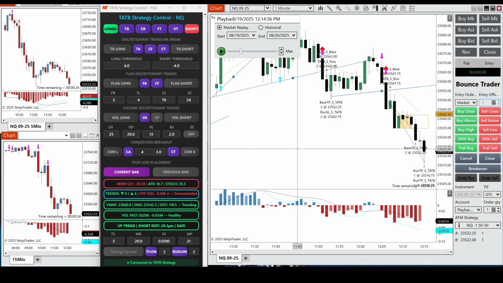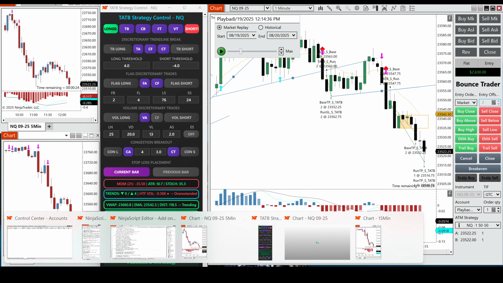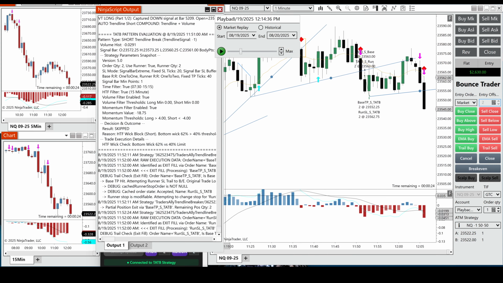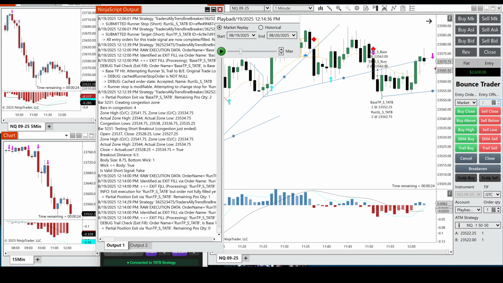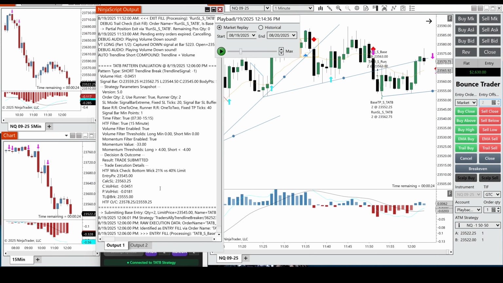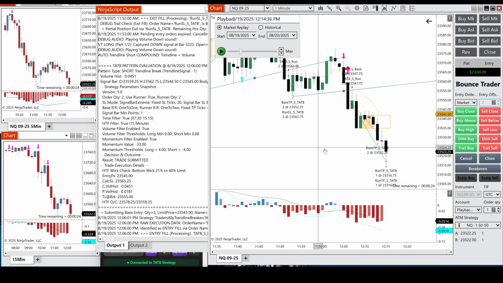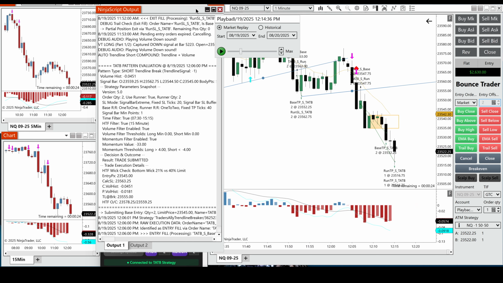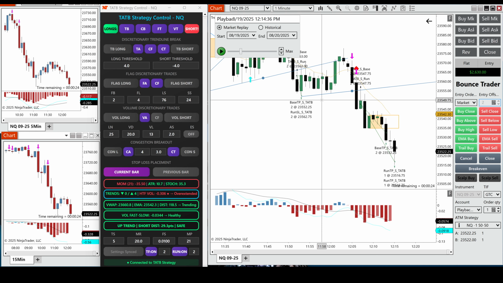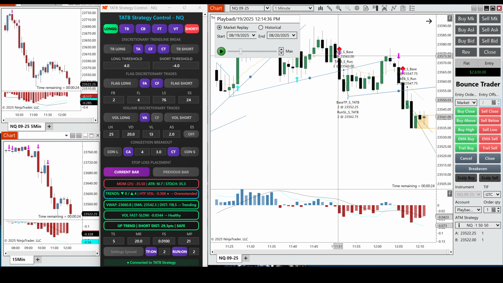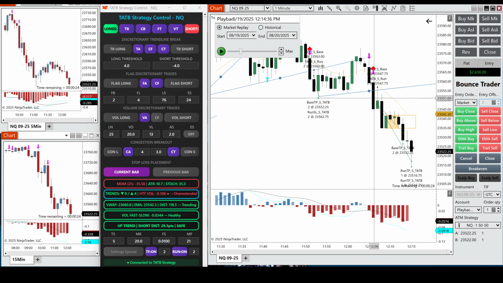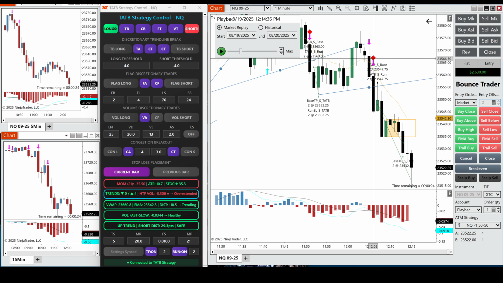Okay, so this trade, let's see what it was. This was a short trendline break. So again, this was a short trendline break. So this was one trendline break, and this was the second trendline break. And again, you see it has these compound signals.